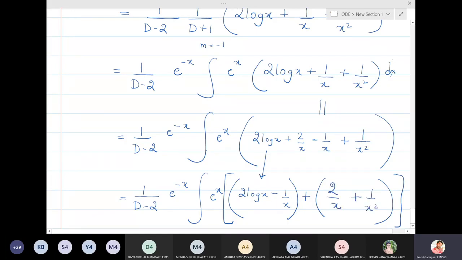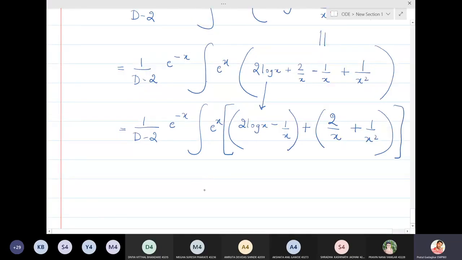Automatically all the four terms have now been adjusted, and now this perfectly looks in the form of e raised to x (f plus f dash). Now we can use our integration of e raised to x (f plus f dash) dx.